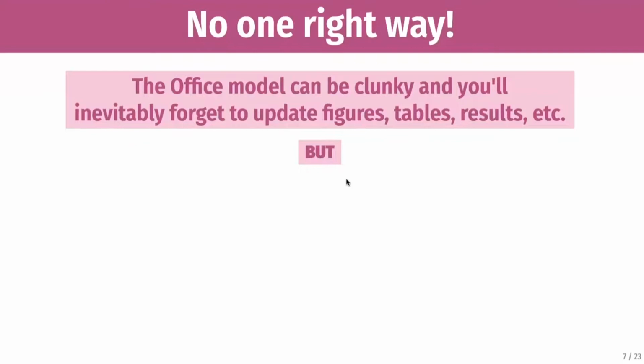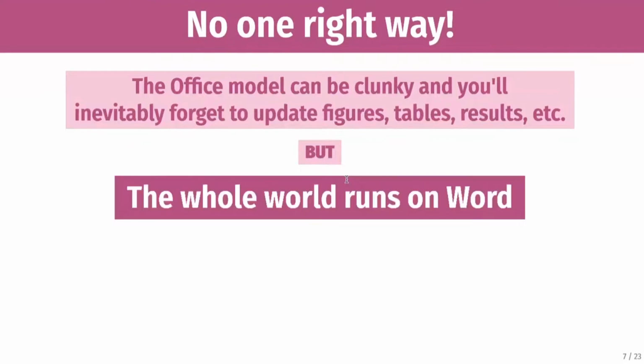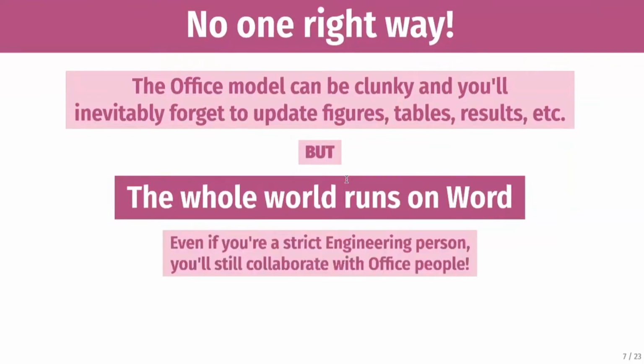But even though this office model is clunky, the whole world runs on Word. All print publishing goes through Word at some point. And everybody writes in Word. Even if you're a strict engineering person that writes in plain text and runs everything plain text, I do that as much as possible.